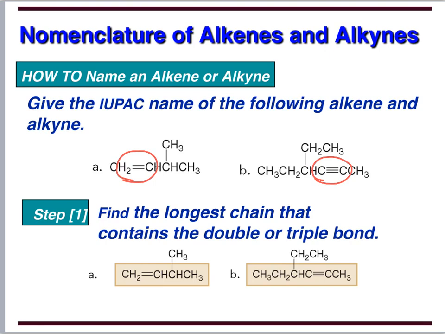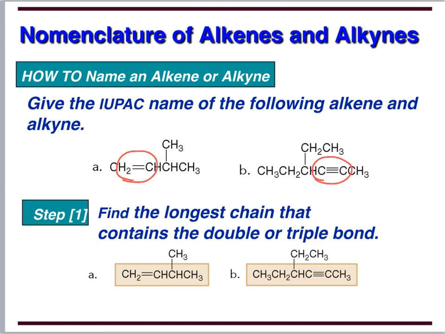So again, we're looking for the longest chain. So I'm going to try and find myself the longest chain of carbons. Now it's pretty simple written in a condensed structure. Usually the longest chain is the one written straight across, but if it's a line structure or a full structural formula, then you just want to trace the number of carbons till you can find the longest number that you can trace without lifting your pen, and then that becomes the longest chain.